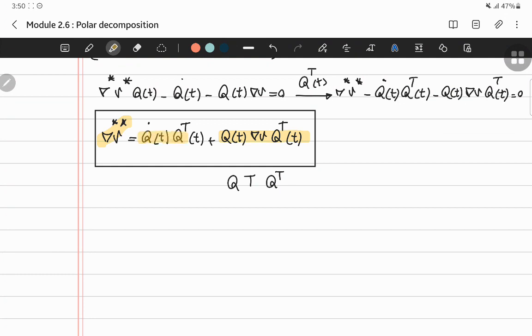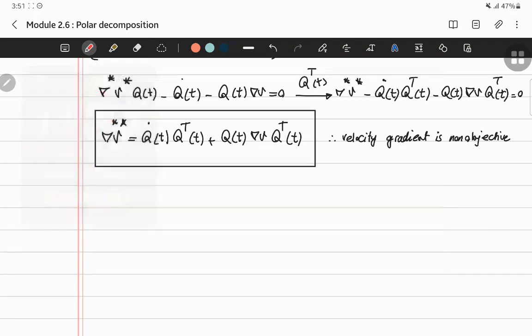However, we have this extra part in here, therefore we can't say that it is an objective tensor. Therefore, the velocity gradient is non-objective.